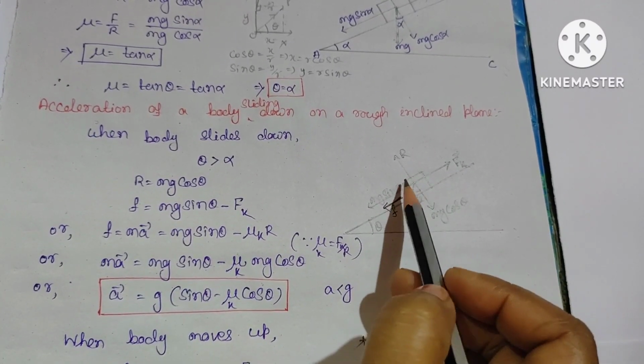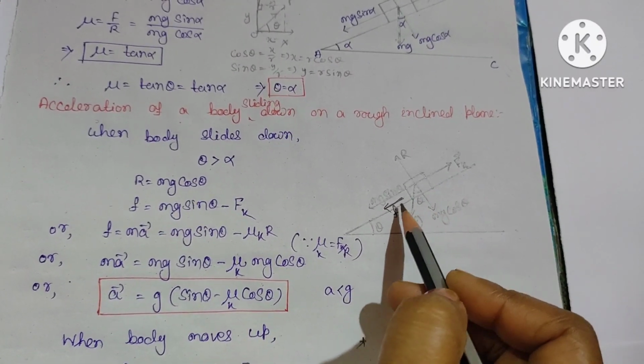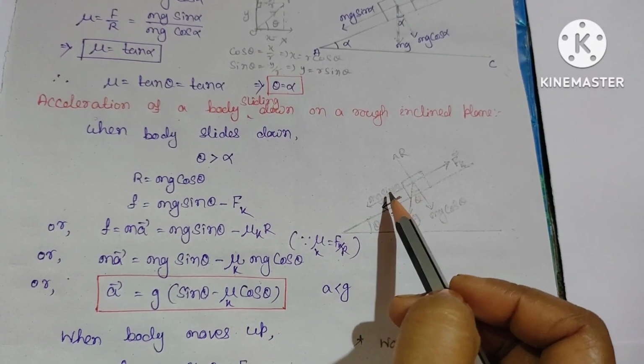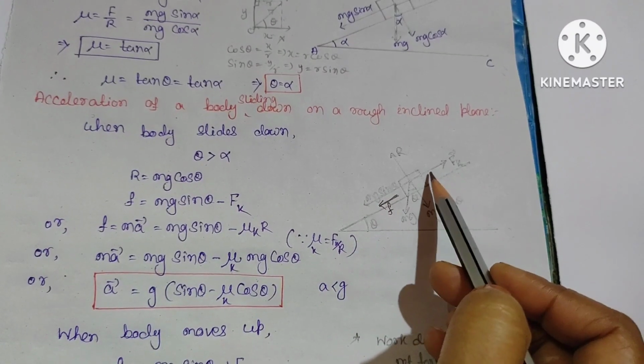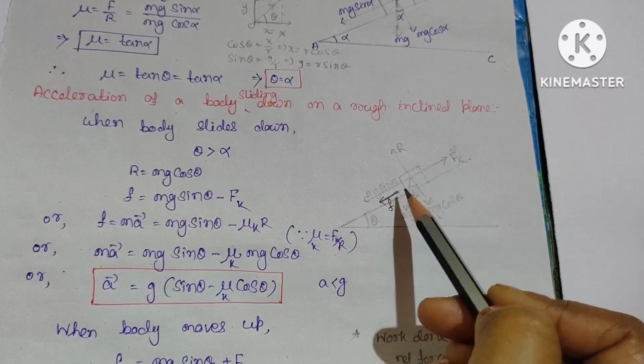Here the normal reaction is balanced by mg cosine theta, whereas this force is equal to mg sin theta minus this force, the kinetic friction. Fk is the kinetic friction.